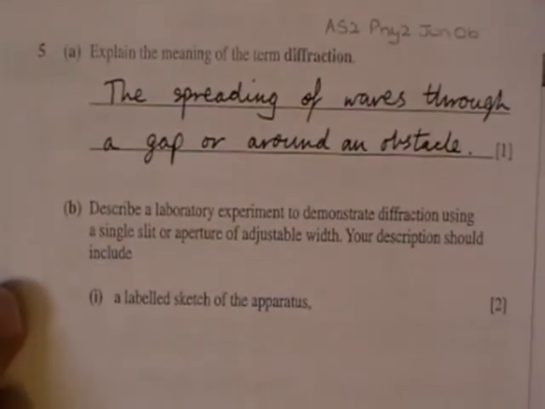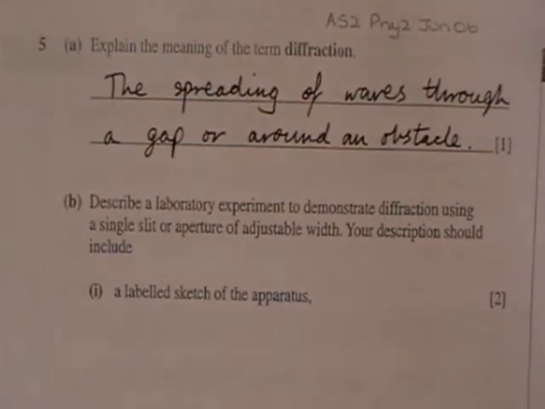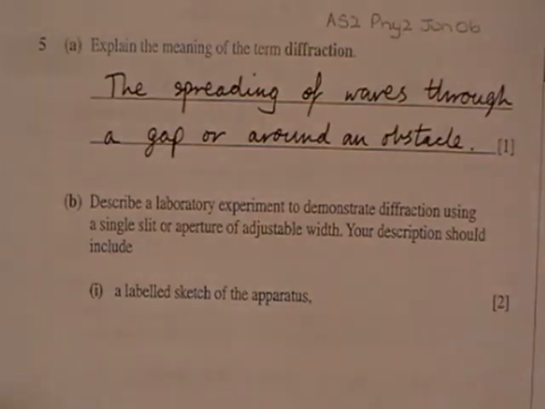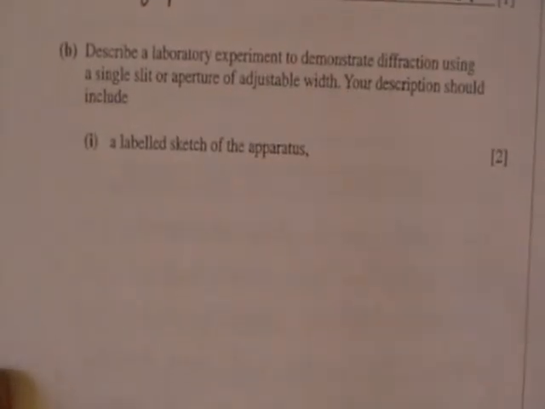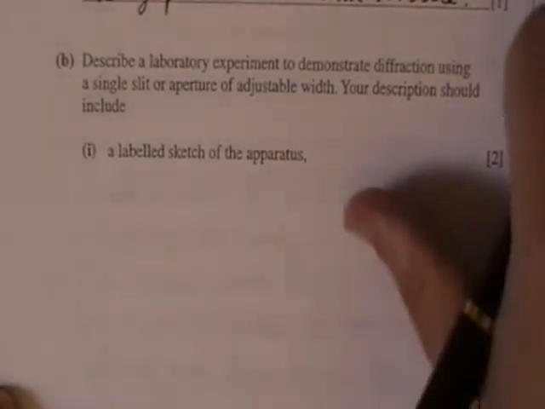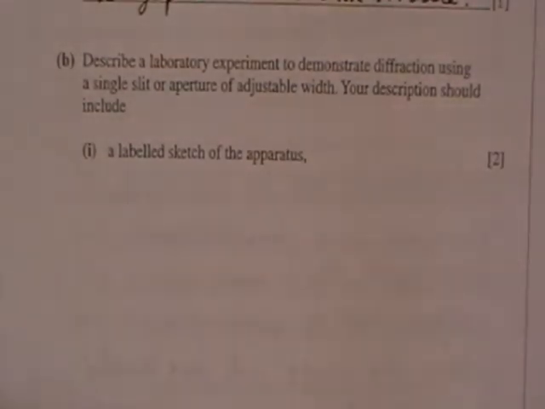It now says to describe a laboratory experiment to demonstrate diffraction using a single slit or aperture of adjustable width. Your description should include a labelled sketch of the apparatus first of all. Because it suggests a single slit, I would probably go with a light source here, but it could be a ripple tank demonstration.